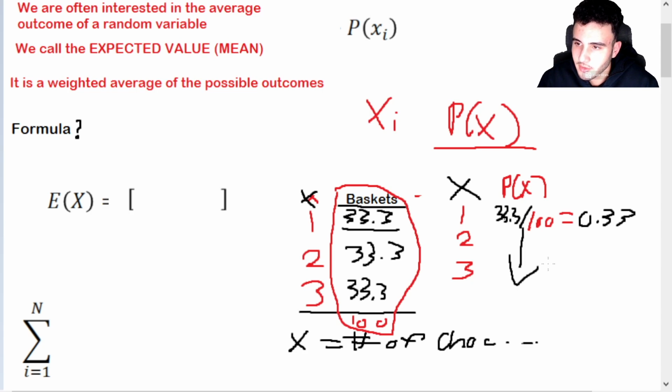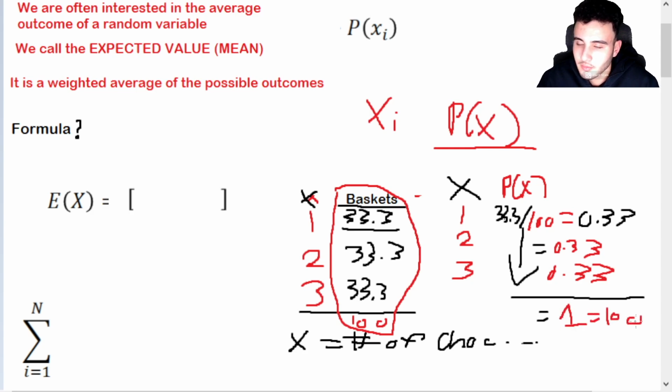We do the same for the others, and we find that it gives us 0.33, 0.33. And then totaling that all up, we find it equal to 1, also 100%. Terrific.